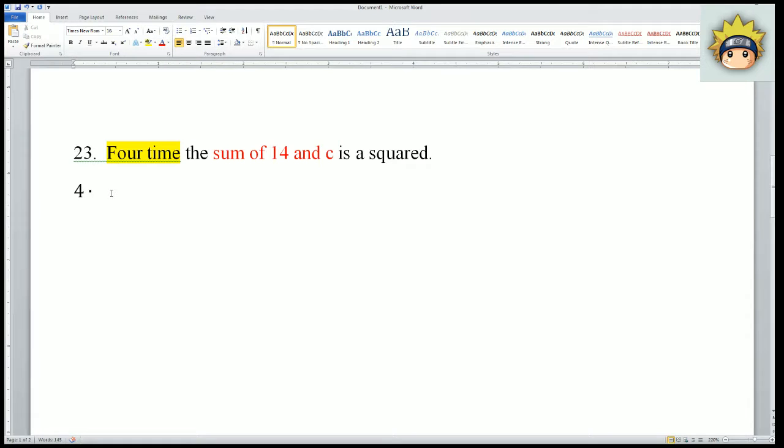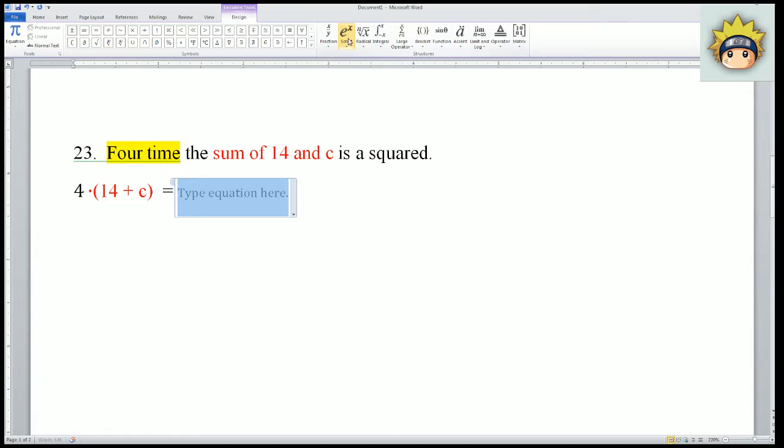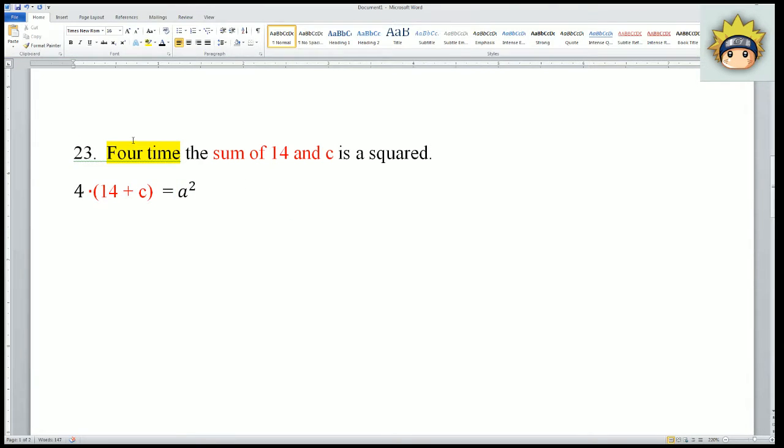These two are together, 14 and c. Is equal to a squared. It should look something like this. Good, right? Translate each piece, and there you go.